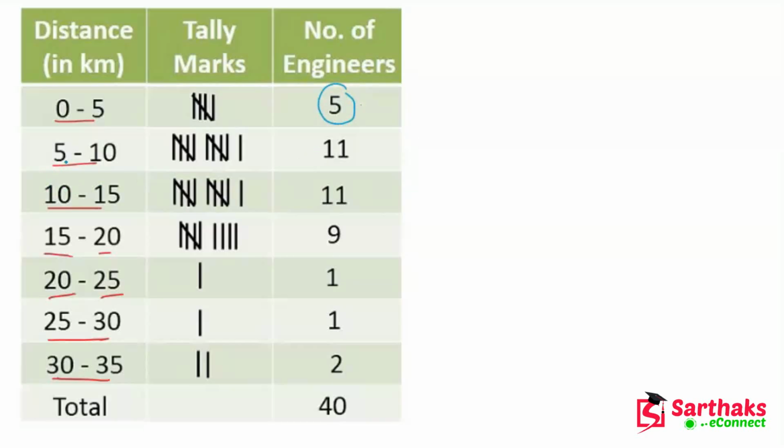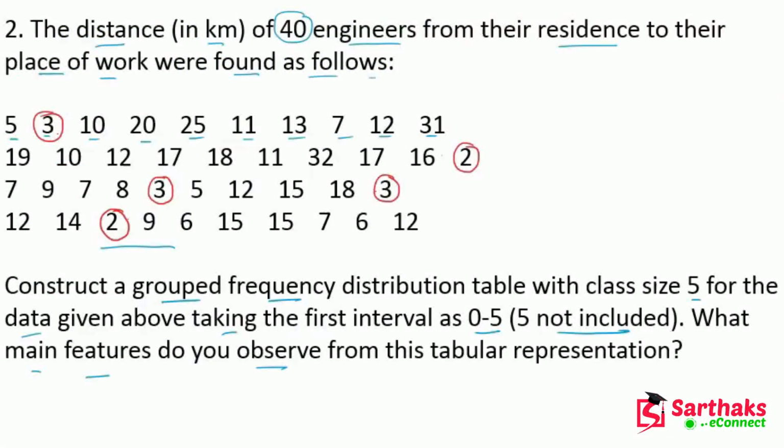Now let's see the distance in the range of 5 to 10. Here 5 is included, but 10 is not included. This one is 5, and 10 is not included. This one, this one, this one, this one, and the next ones also.